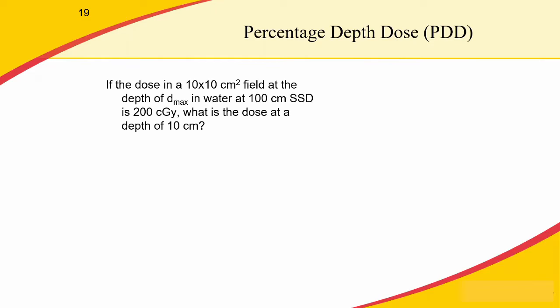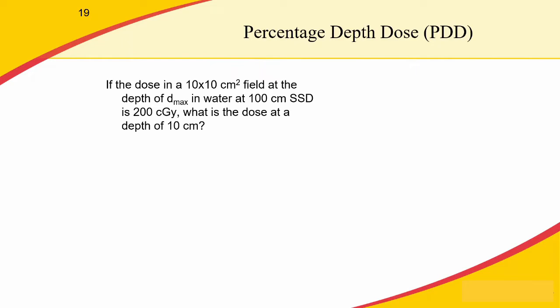Let's look at an example of how we would use percentage depth dose to determine dose at a given depth within a patient or a phantom. So let's say we have a 10 by 10 centimeter square field set up at 100 centimeters SSD, and at Dmax, the dose of calibration, we delivered 200 centigray.